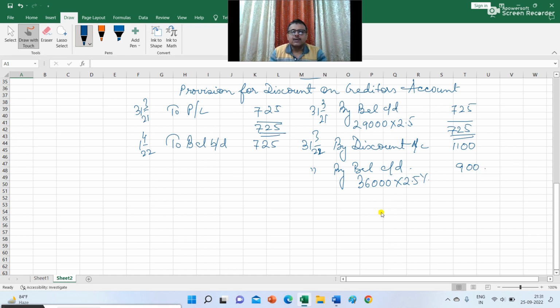So 900 rupees is the amount of provision required on Sundry creditors. So the balancing figure will be credited to PL account. So this is 1,275.